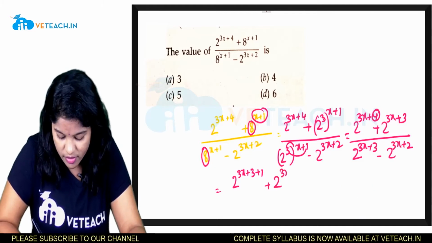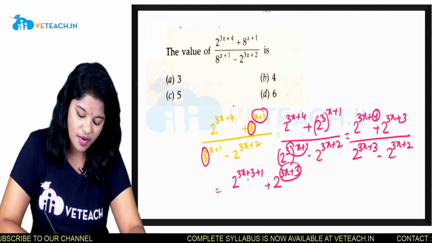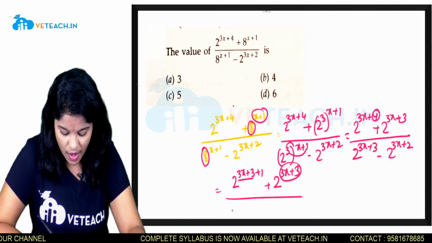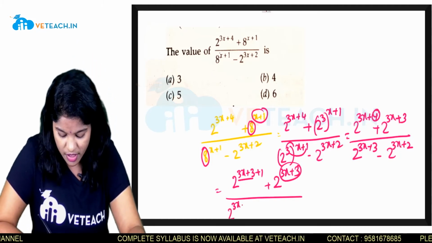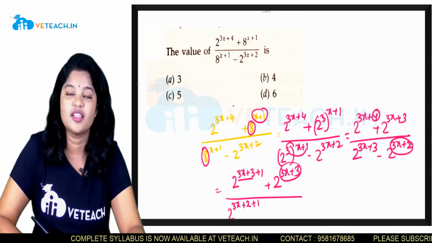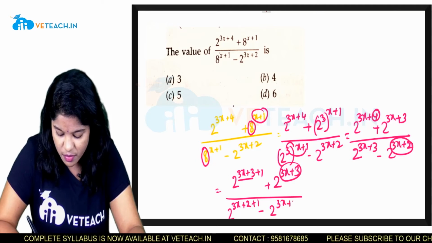Here, because I have 3x plus 3, I am writing it in the form 3x plus 3 plus 1, divided by 2^(3x+2+1), because I have 3x plus 2 minus 2^(3x+2).